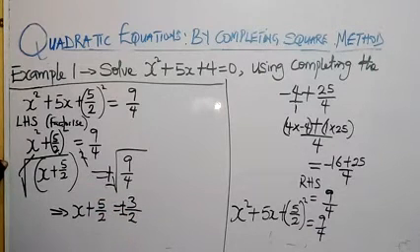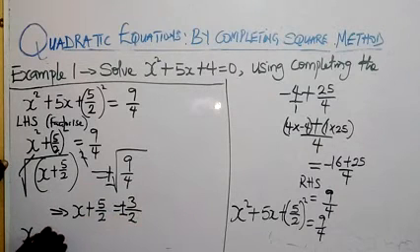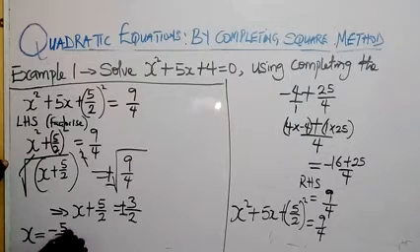Alright? Plus or minus. Therefore, make x the subject. Take this to the right hand side, whereby you have minus 5 over 2, plus or minus 3 over 2.